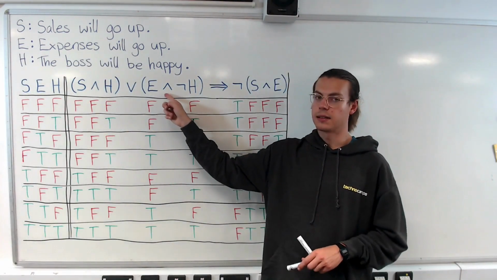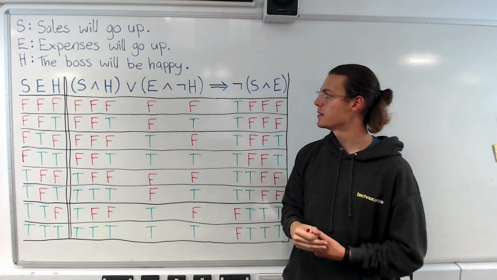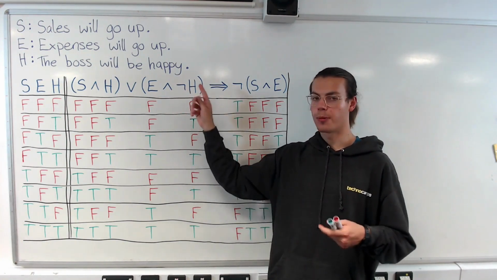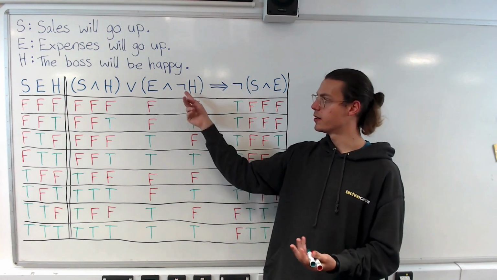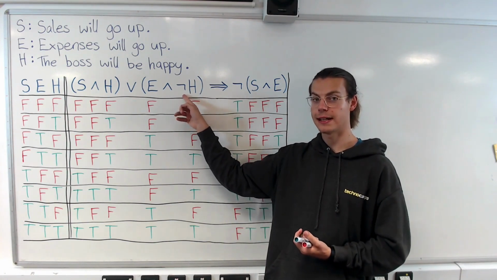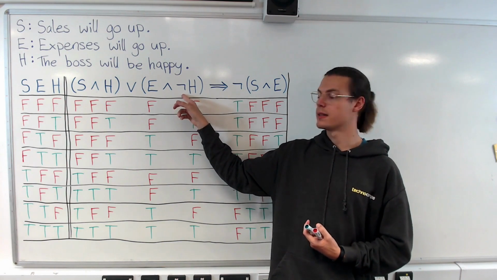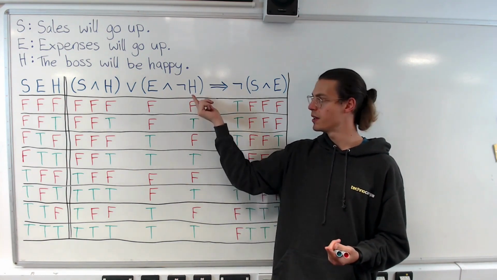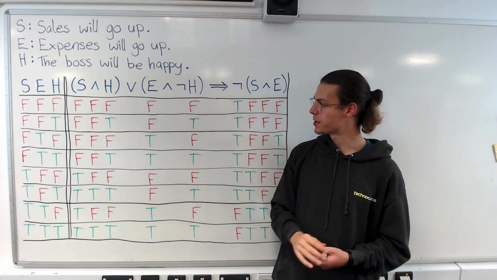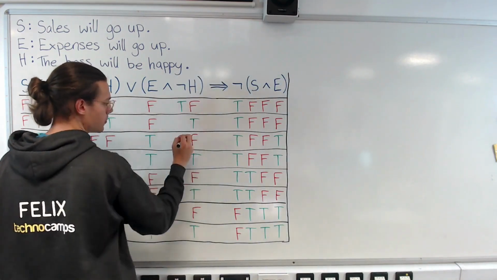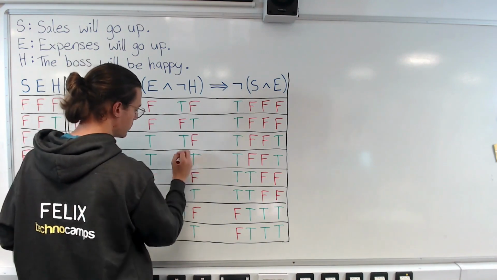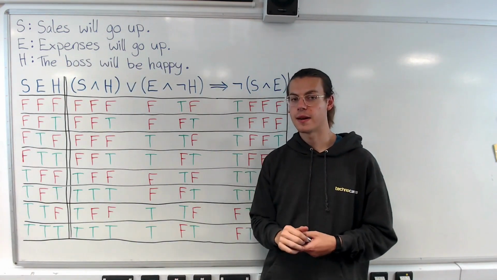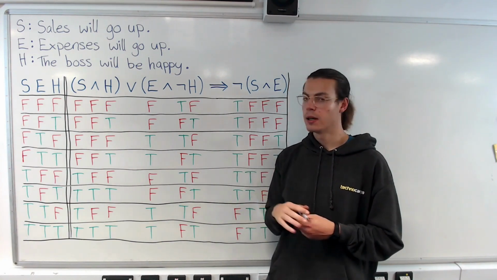Okay, and in our second set of parentheses, we have E and not H. The first operator we need to evaluate here is the not, since that's the most tightly binding. This is not H, so to get the values of this, we just flip the values of H. And now we can evaluate the AND operator.